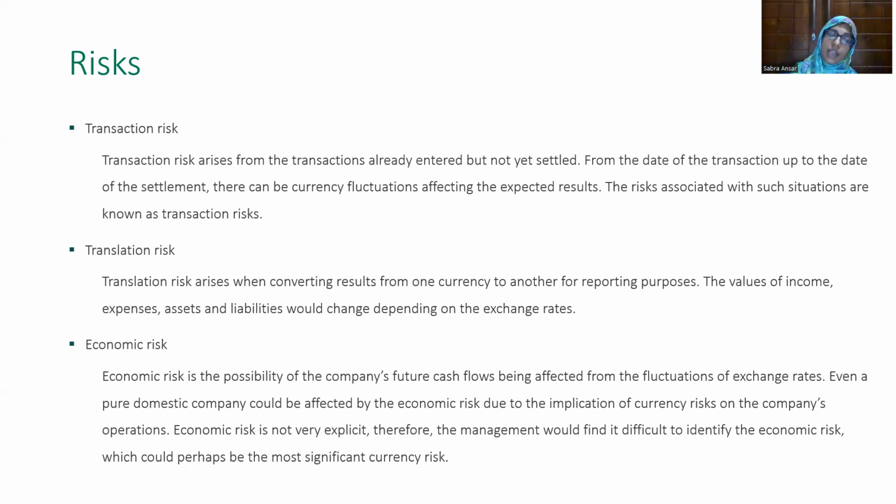Now moving on, let's look at economic risk. So what is economic risk? This is basically the possibility of a company's future cash flows being affected by the fluctuation of the exchange rate. A pure domestic company can be affected by economic risk due to the implication of currency risk on the company's operation.